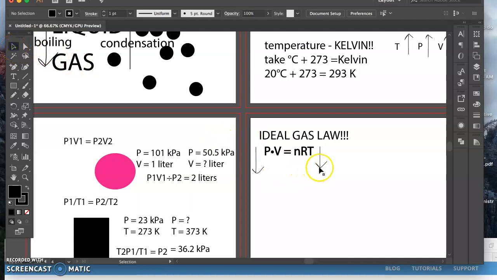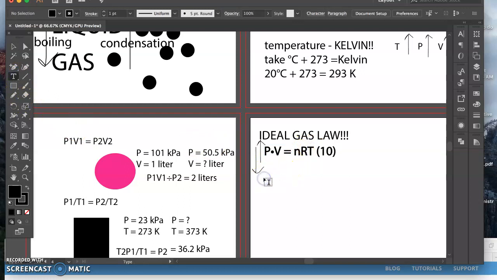Okay. Now, assuming this all stays the same, if P goes up, what does V do? It does the opposite. So here, if pressure goes down, volume has to go up. So imagine this is equal to 10. Let's say if I take N and R and T, it equals 10.